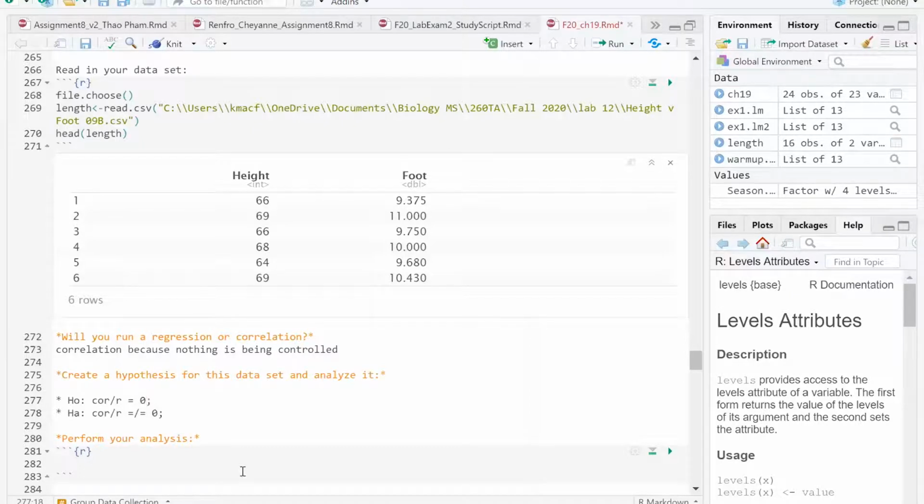Specifically for this problem, our null hypothesis would be that height and foot length are not significantly associated. Our alternative is then height and foot length are significantly associated.